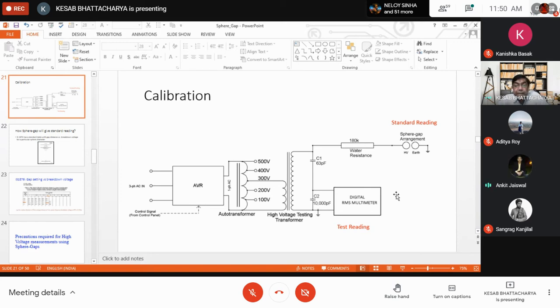Sir, how will the arc extinguish? The moment the arc strikes, visually it is possible to see it, and you will also get a sound. Once it happens, we do not increase the voltage further from the variac or the AVR; we just bring the voltage down.